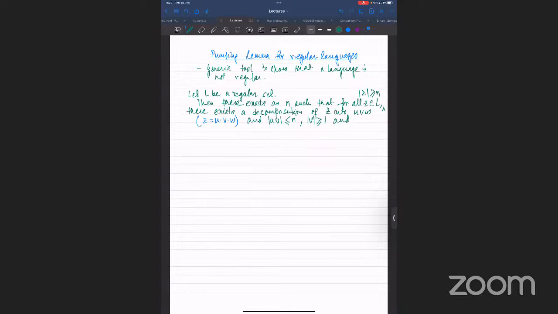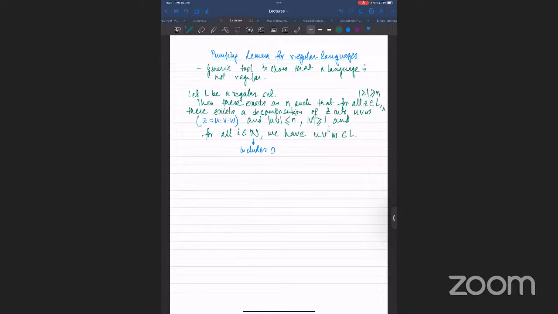And for all I belonging to the set of naturals, where the set of naturals includes 0, we have U V^I W belongs to L. So what is V^I?